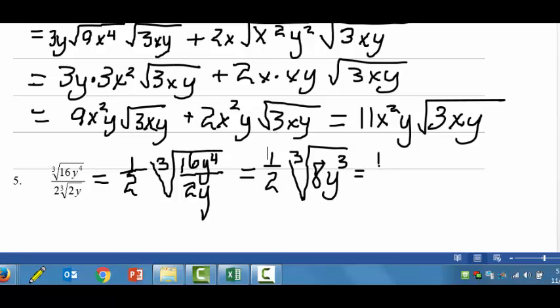So I've got 1/2 times the cube root of 8, which is 2, times the cube root of y cubed, which is y. So 1/2 times 2y is simply y. So that's my final answer on this one. So all of this actually simplifies to simply y. So these are my final answers.